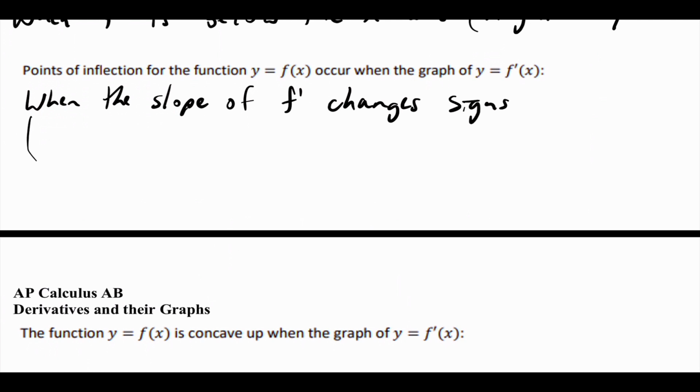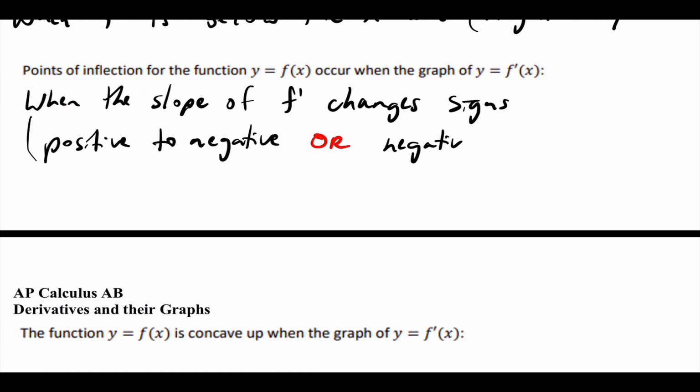And I'll put down here: positive to negative, or negative to positive. Either one. Okay, where the slope changes signs. Good. Two more. Or actually three more, I think.